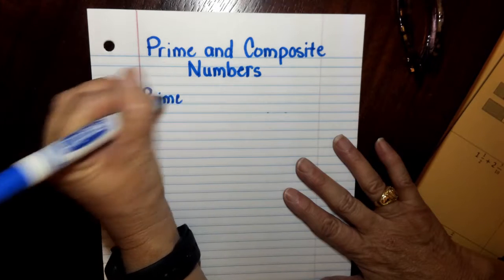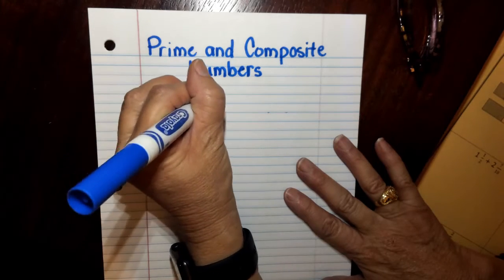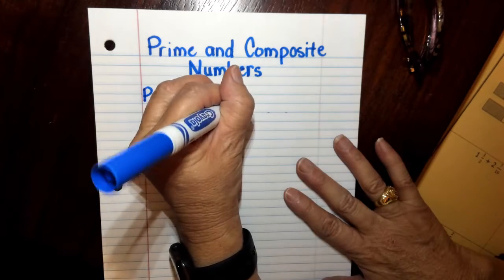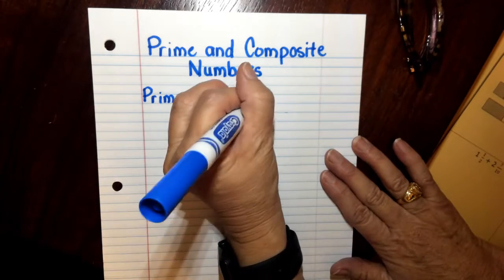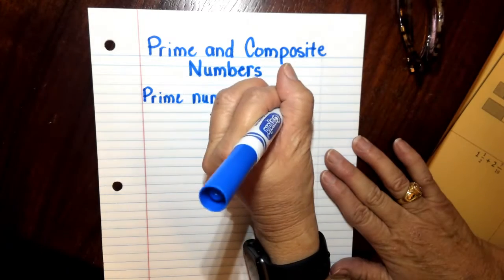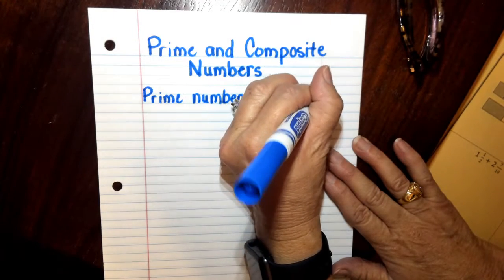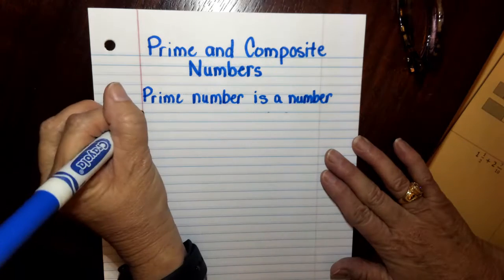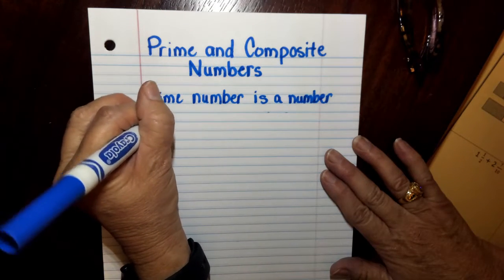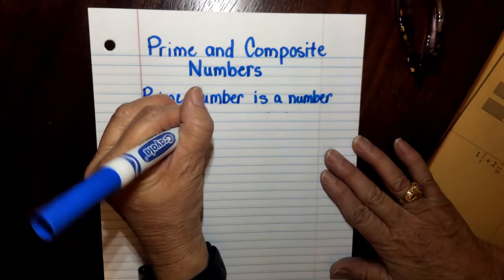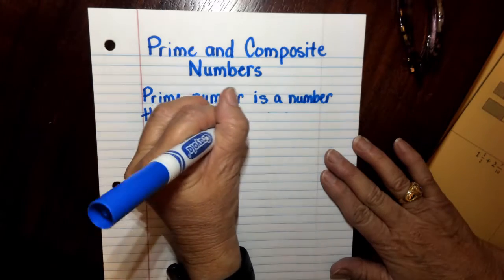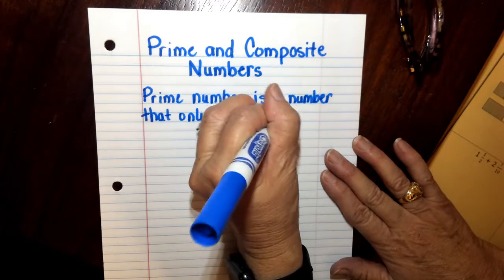So a prime number is a number that only has two factors.